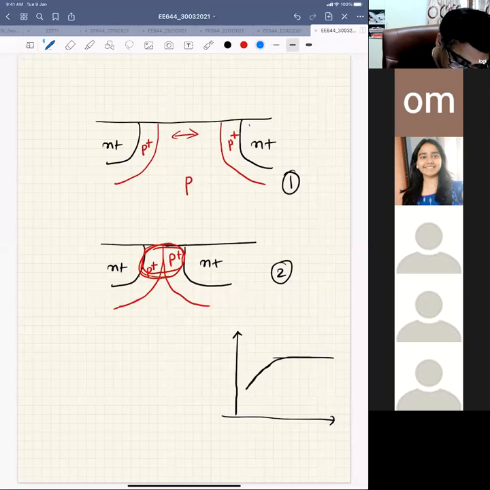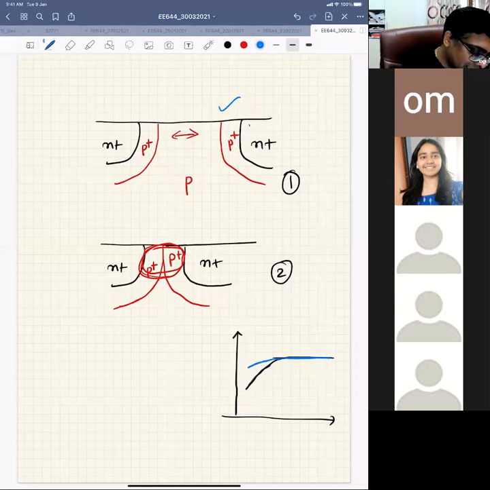Because of halo doping, in the long channel there is no change in threshold voltage, because if you look at case 1 here, there is no change in average doping at the surface. But as you go to shorter gate length, the average doping on the surface increases because your P plus also merges, and you'll see a little bit of increase here. So the roll off will reduce.